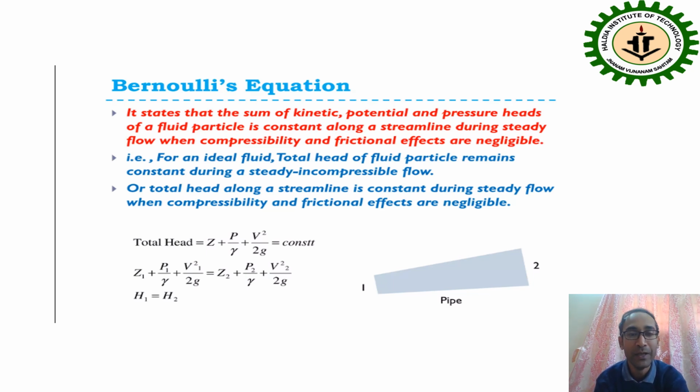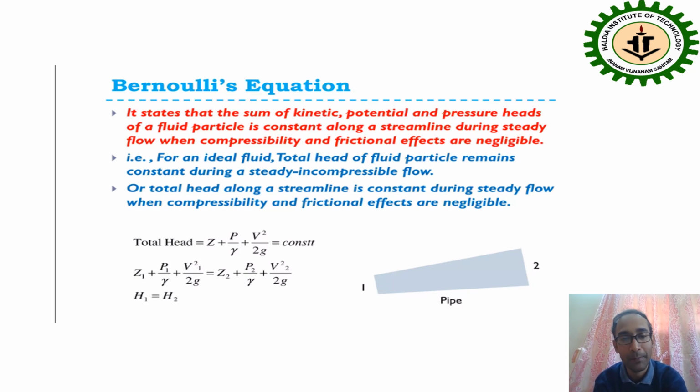In this pipe, the inlet pressure head is P1 by gamma, the velocity head is V1 square by 2g and the potential head is Z1. Similarly, for the outlet, the potential head is Z2, pressure head is P2 by gamma, and the velocity head is V2 square by 2g.